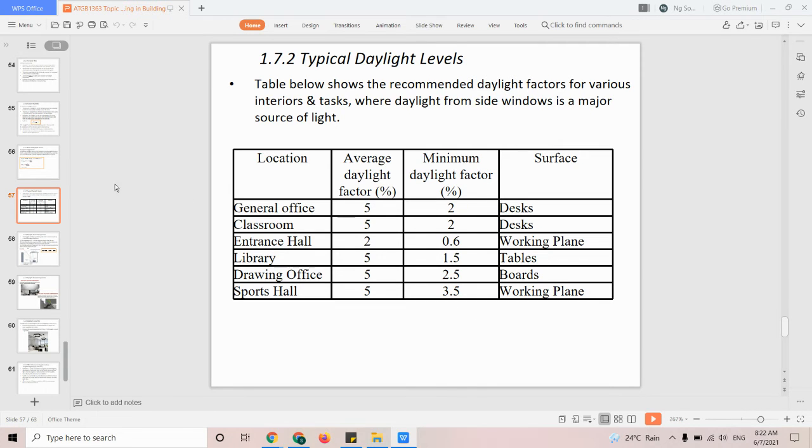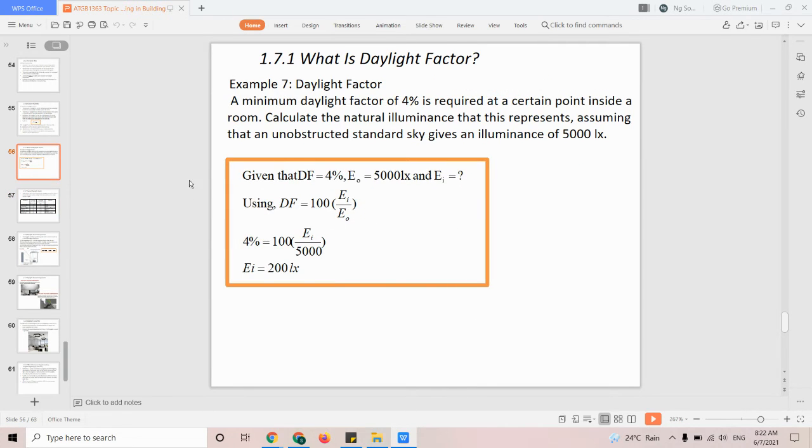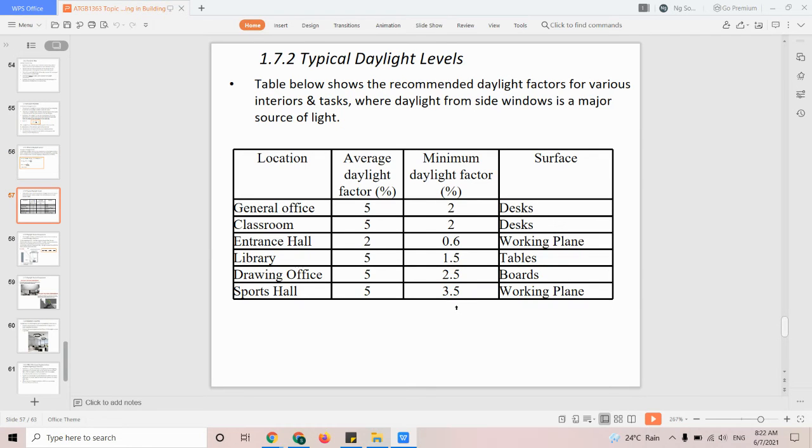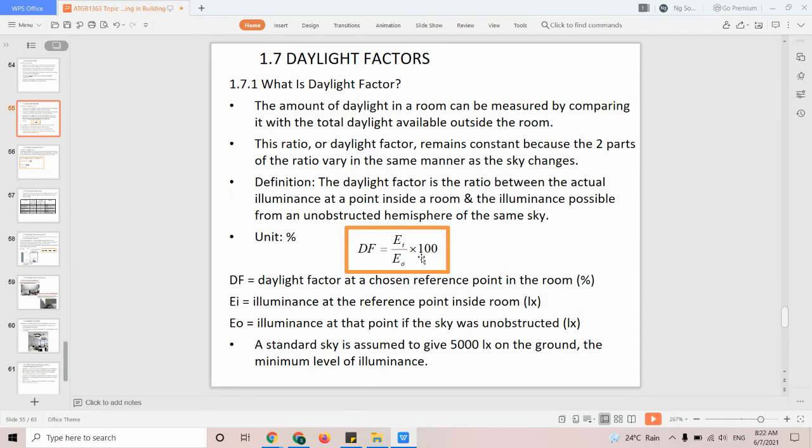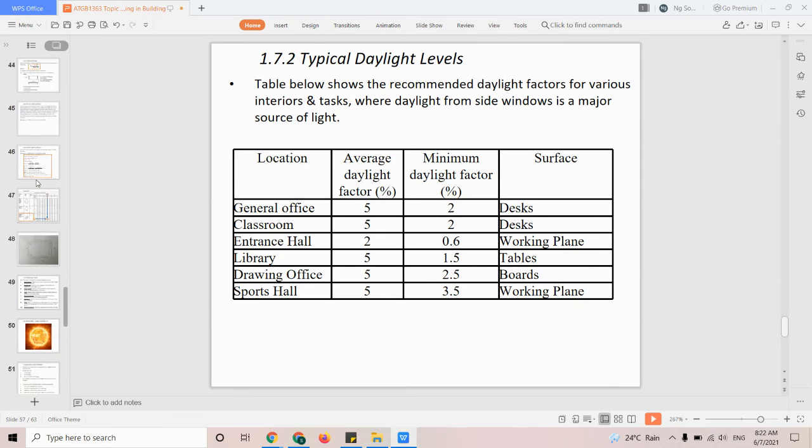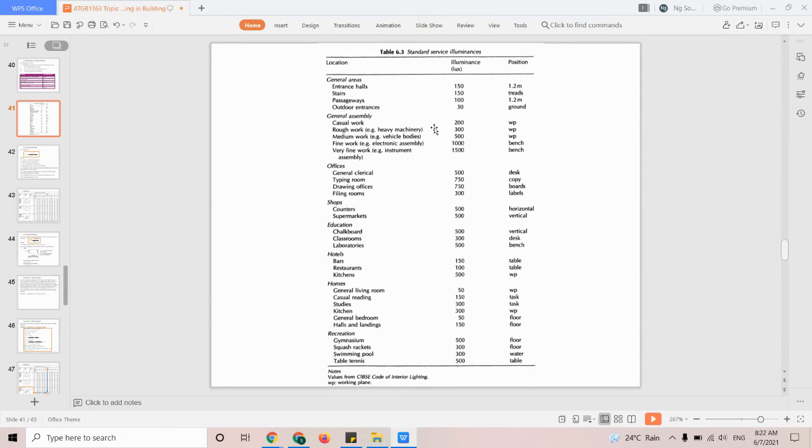So this, if you plug it back into this formula, it will represent a value of lux which the room requires. So this value here is what's being played around lah. What's the daylight, minimum daylight factor required? And when we use this formula, plug it back in, it will give us a level of lux required, which will be very close to what is given here.